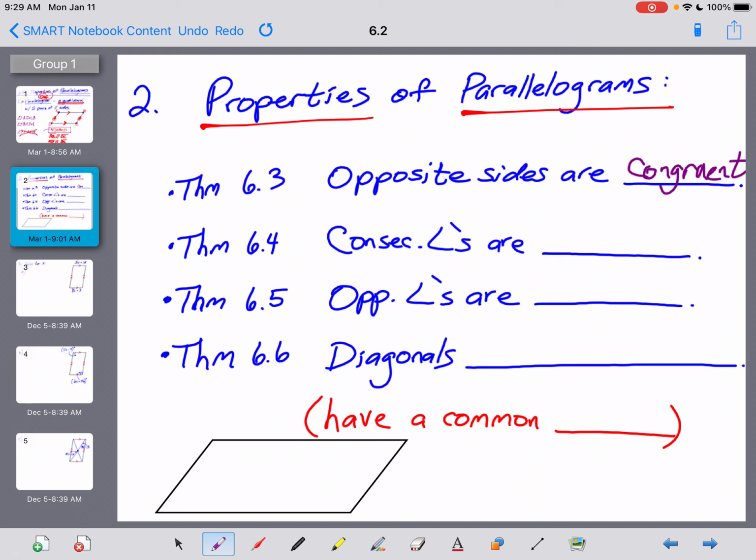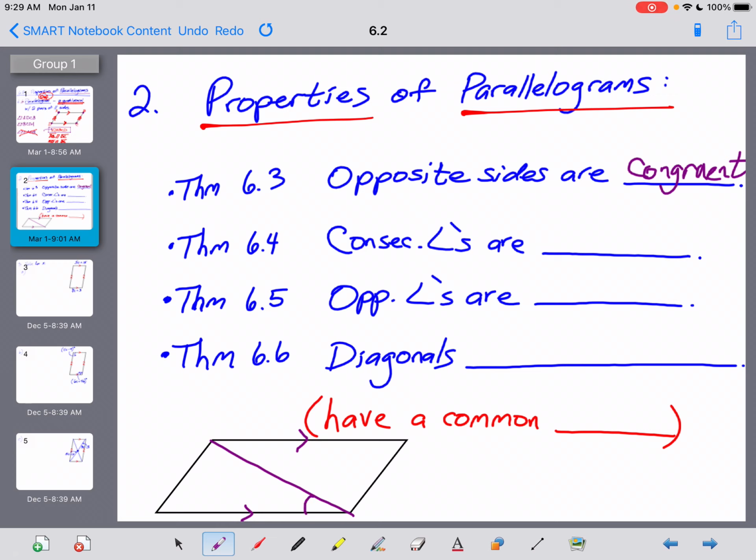Now, I don't know that it's been made abundantly clear to you guys why we spent so much time back in chapter 4 proving triangles congruent to each other, but this is kind of the reason why we did that. You don't need to write any of this down, guys, and it is not going to show up on a quiz or a test, but if I were to draw one diagonal within that figure here, let's think about what we know. We know for a fact that because this is a parallelogram, the top and the bottom sides are parallel.